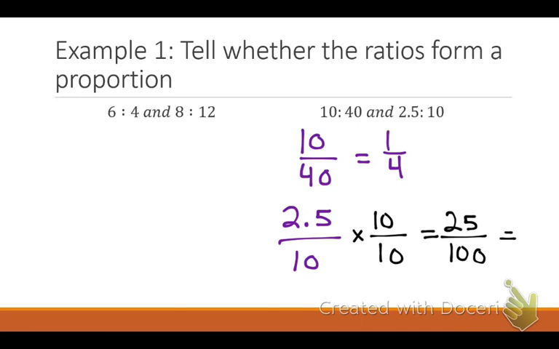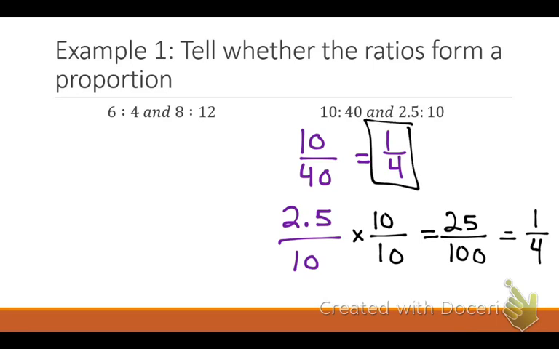1/4. Okay, now you are allowed to use your calculators. If you do 2.5/10 and you reduce it, you get 1/4. Okay, so this work is not required to show. However, it is important that you understand how you got there in the first place. Okay, and I think that does help it be a little more clear.